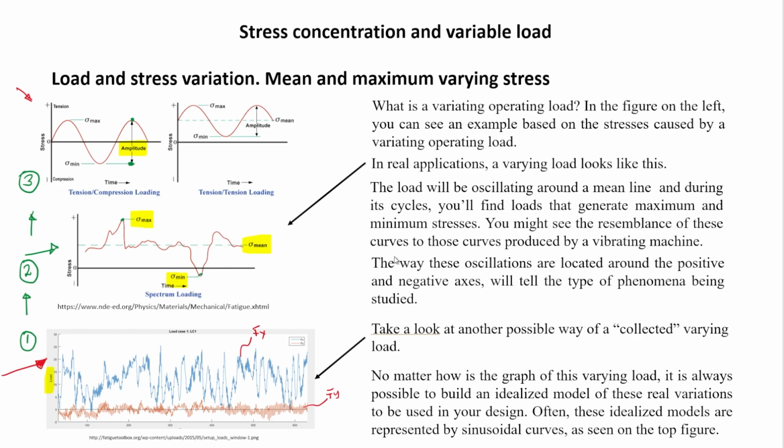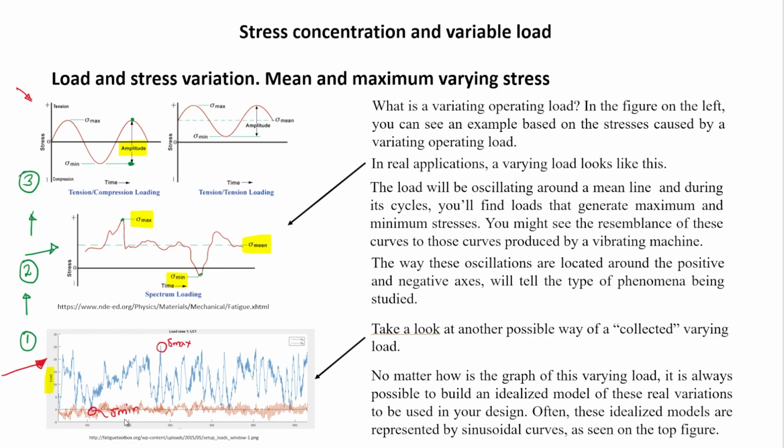If I try to replicate it in the original case, coming from instruments or measurements, I could say, well, you know what? I think, from this chart, this is going to be my maximum stress or load, just considering the blue line, and then I'm going to consider that the minimum is going to be somewhere, maybe here, the sigma minimum.